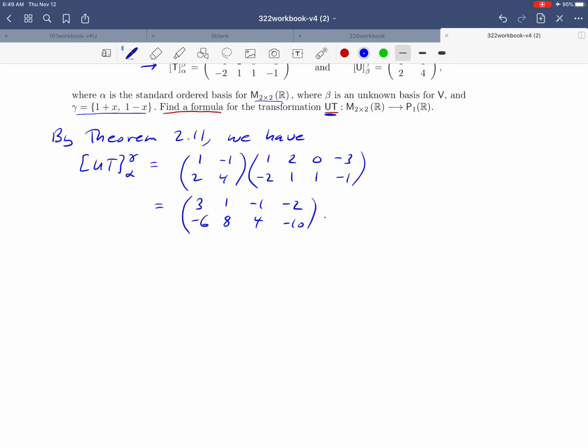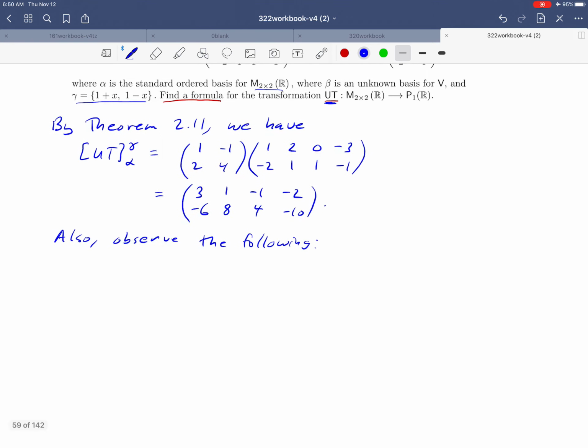Well, remember what a matrix tells us again. A matrix is a way of taking coordinates to coordinates, basically. So let's make an observation here. If we take this matrix for UT that we just came up with, 3, 1, -1, -2, and multiply it by a coordinate vector, a, b, c, d, what's going to come out is another coordinate vector.